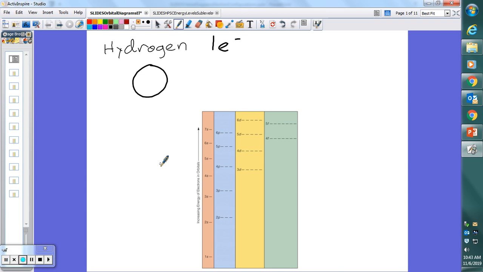This chart on the front page tells us which orbitals we actually fill up. And we said we're going to read this chart from where to where? Bottom to the top. So we start at the bottom. And what's the first orbital that we run into on this chart? 1s, right? And so this blank circle that I drew here, I'm going to label it as the 1s orbital.